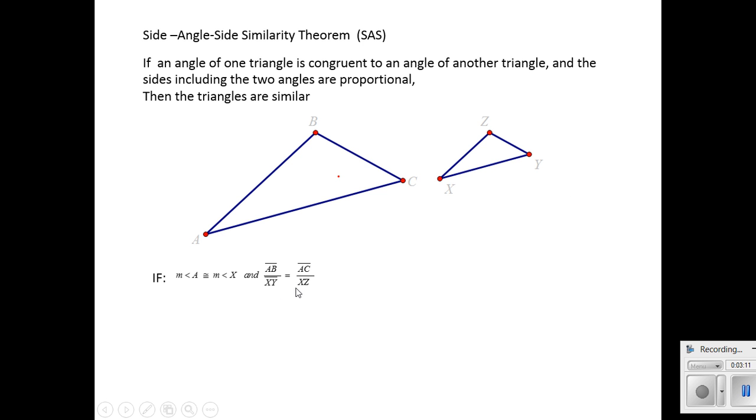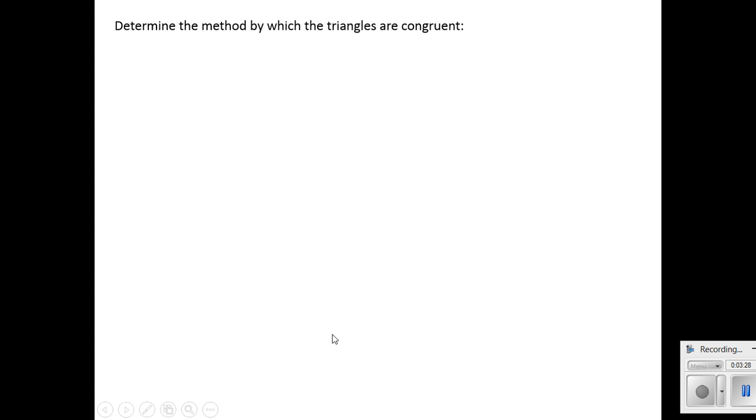Okay? So, the first two are going to be ones we see most often. Then we can write the triangle similarity statement. Again, the statement says it all. Which angles correspond, which sides are proportional. Okay? All right, let's take a look at a few.